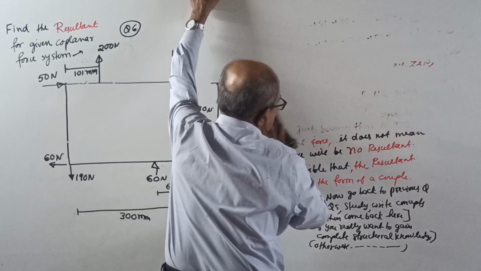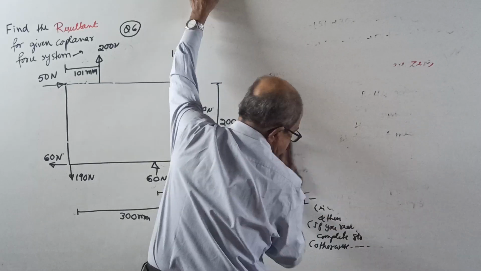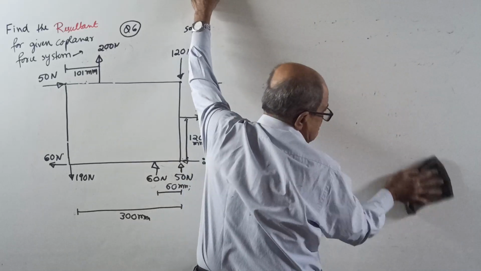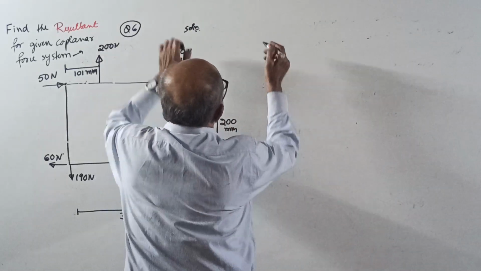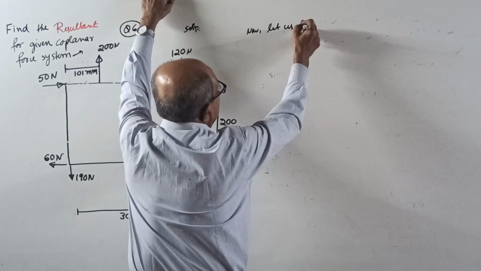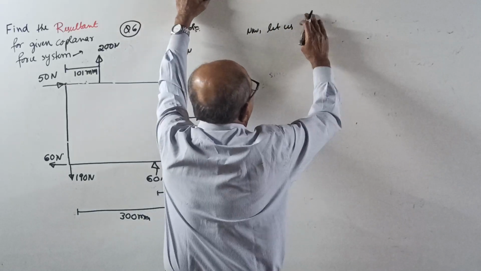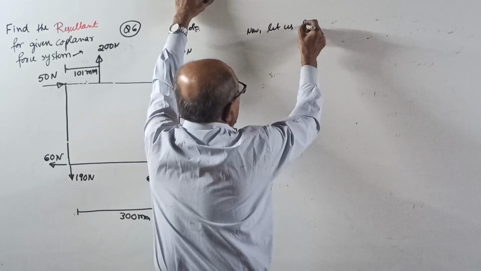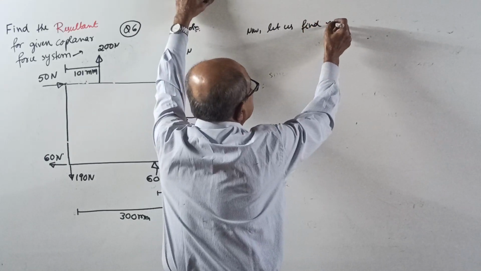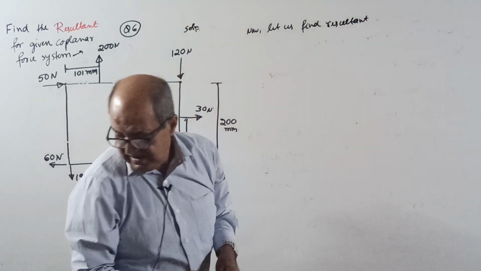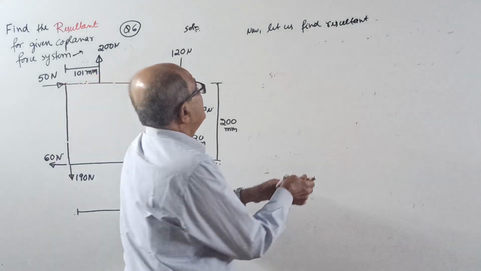Now I will dictate some statements, because I told you in the last class. Let us find the resultant, in red color, underlined.